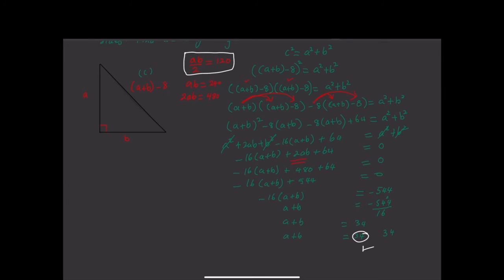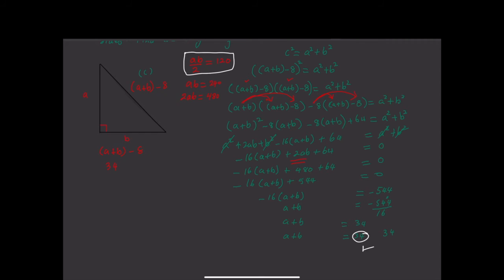So we know what A plus B is. So now we can go back to our diagram and we can replace A plus B with 34. So we have that A plus B in brackets minus 8. So therefore, we know that A plus B is 34.